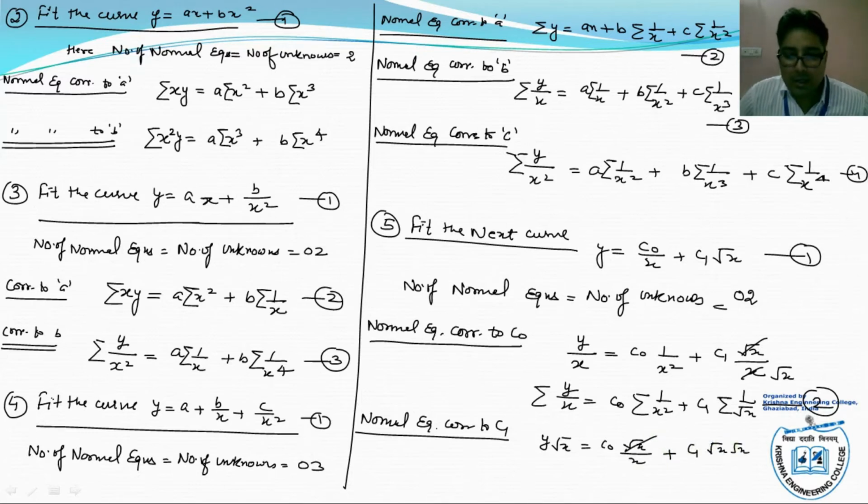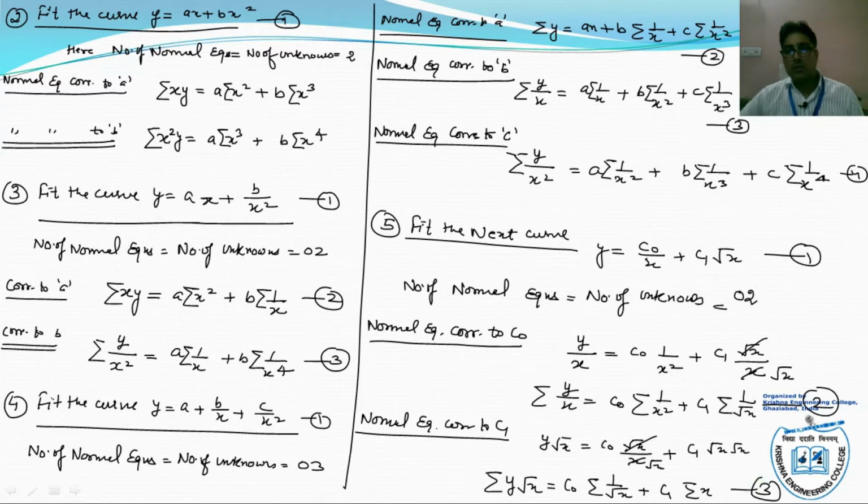Cancel out this, and take the summation. So this becomes sigma y under root x is equal to c naught sigma 1 upon under root x plus c1 sigma x. This is equation third.